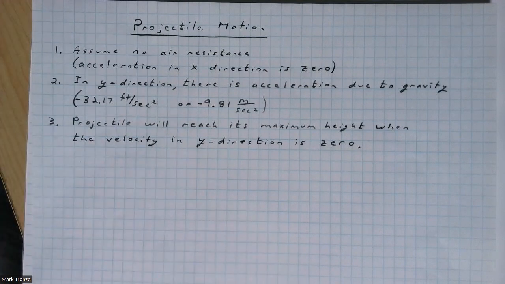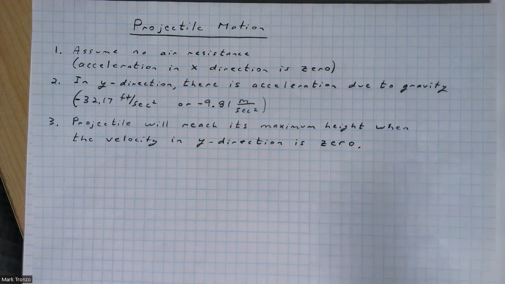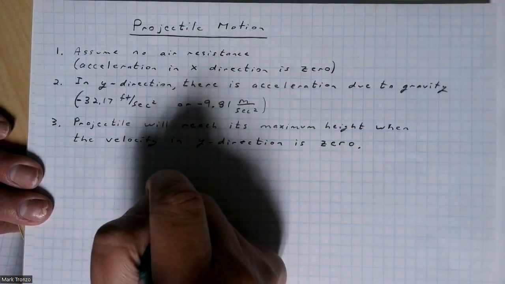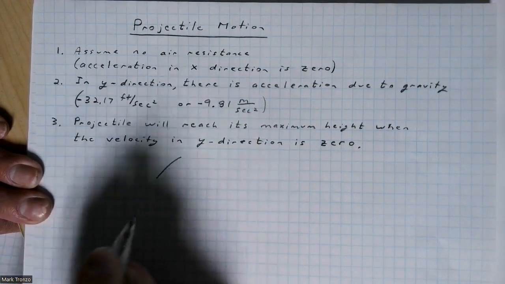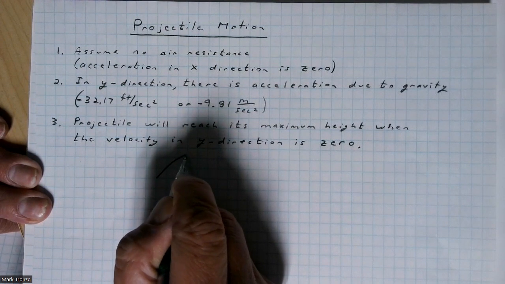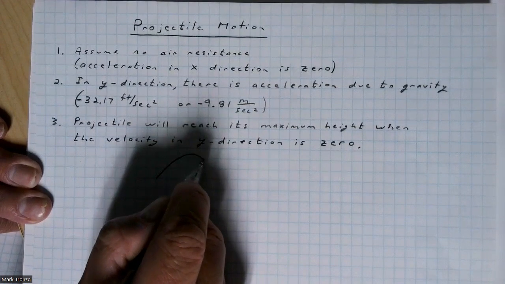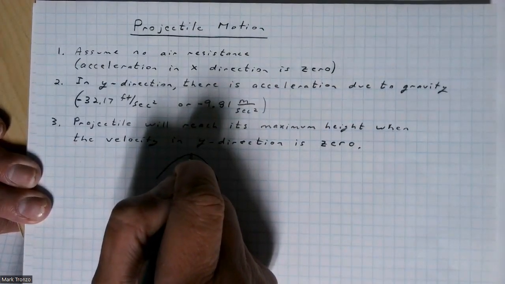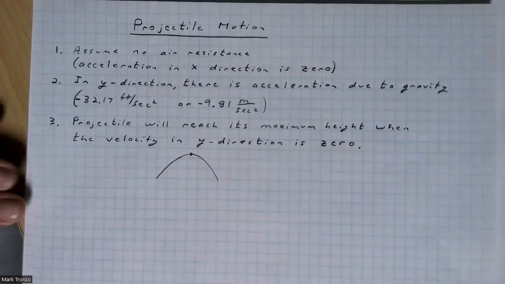And of course, the projectile will reach its maximum height when the velocity in the y direction is 0. As the ball is going up, the velocity in the y direction will keep getting lower and lower and lower. Then it'll get to 0. Then it'll go negative. So the max height will of course occur when the velocity in the y direction is 0.